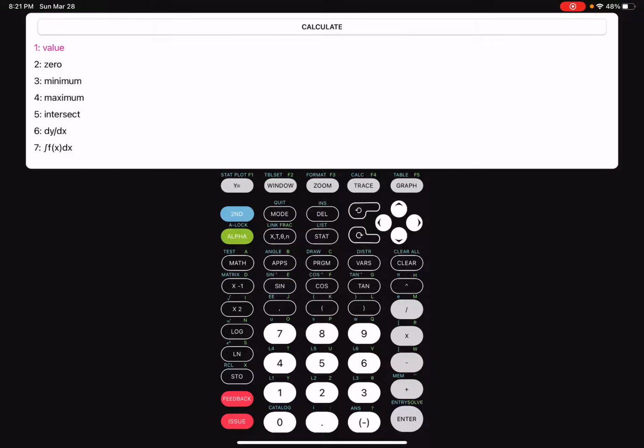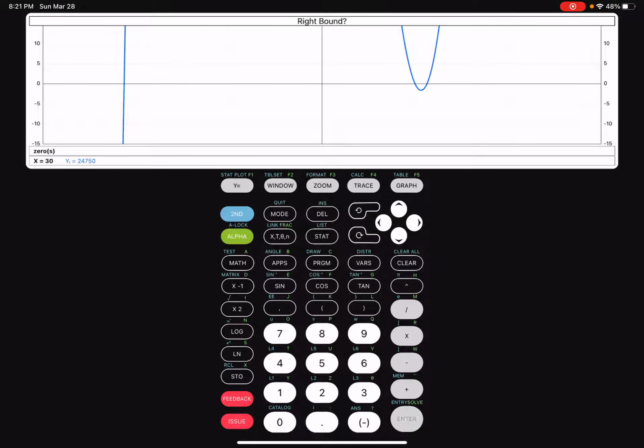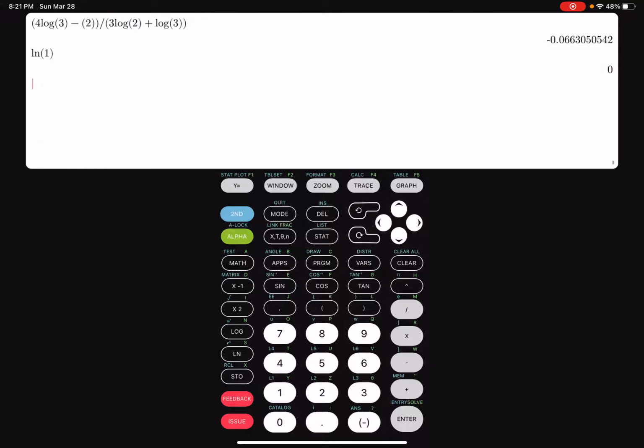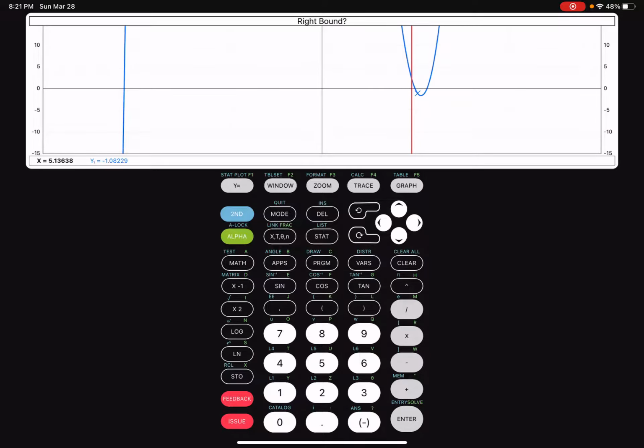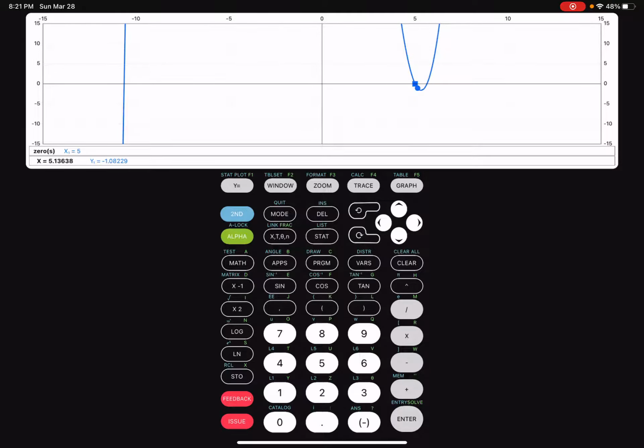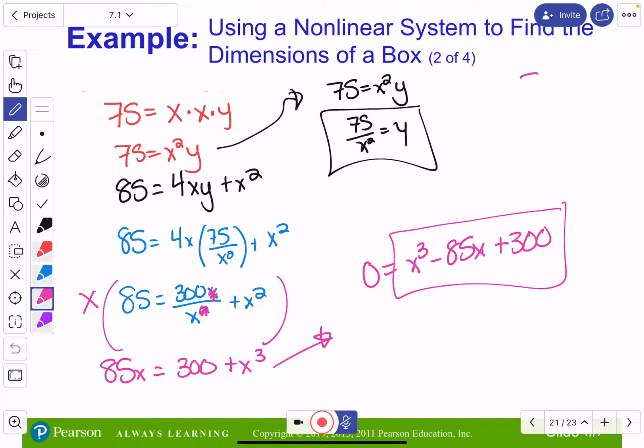Why is it doing this? Second trace 0. Y equals graph. Second trace 0. Left bound, right bound. So this one's 5.14. I'm going to write that down somewhere. Oh, I can write it down right here. 5.14.